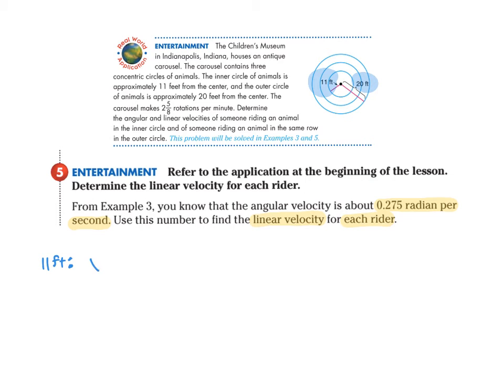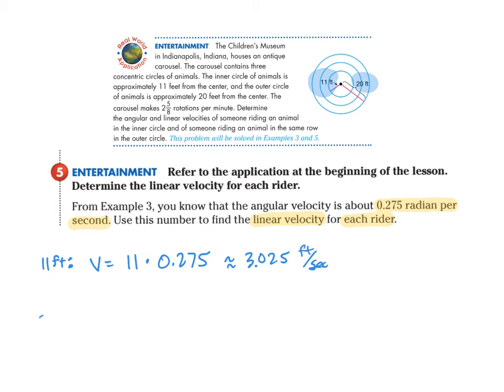I'm going to calculate V to be 11 times 0.275. And when I do that, I get approximately 3.025, and that's going to be feet per second, because there's 11 feet in that radius.